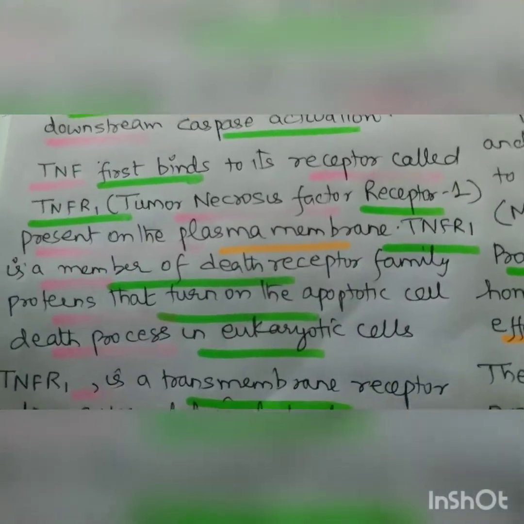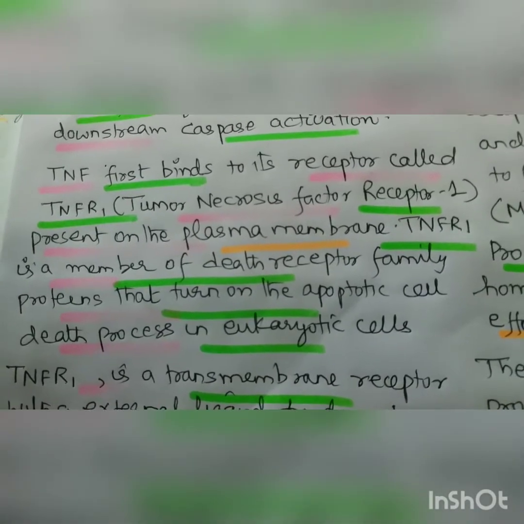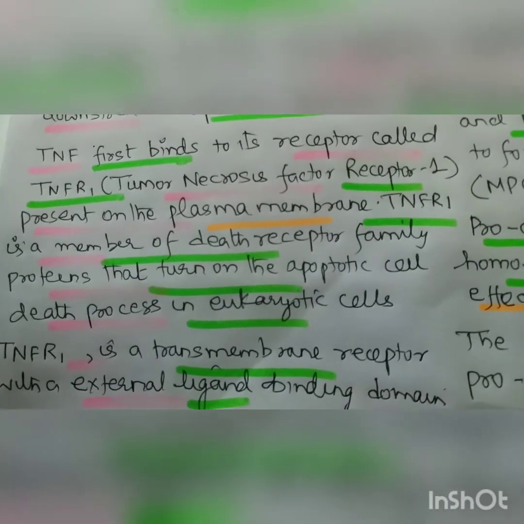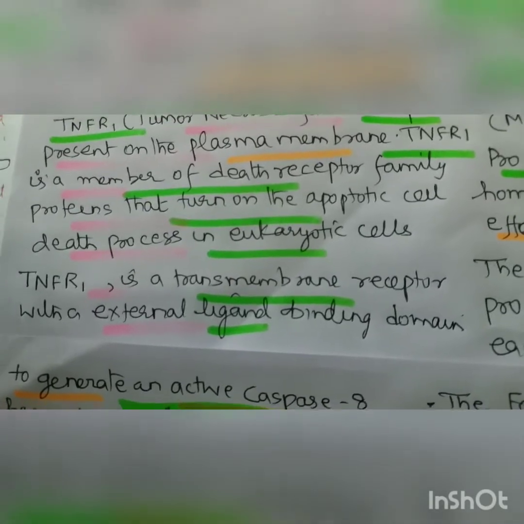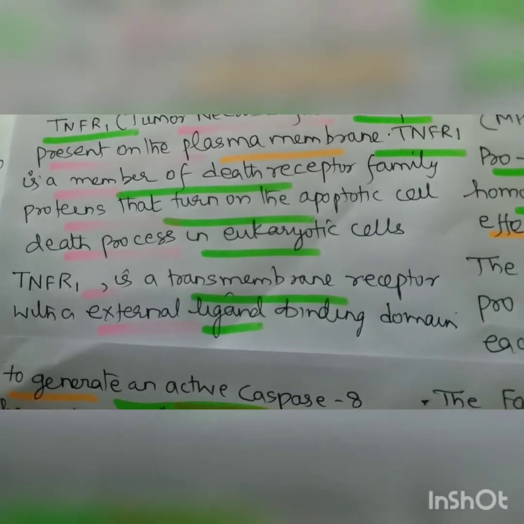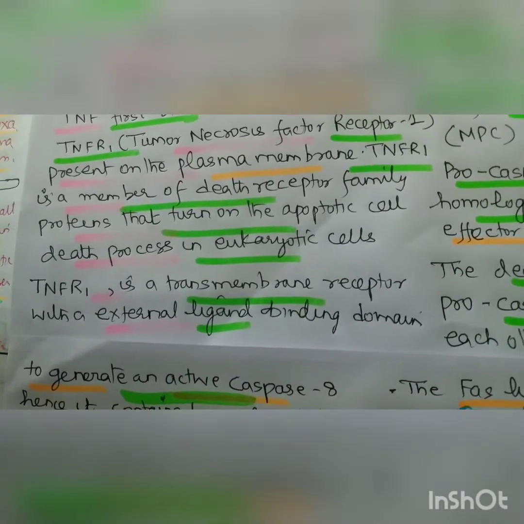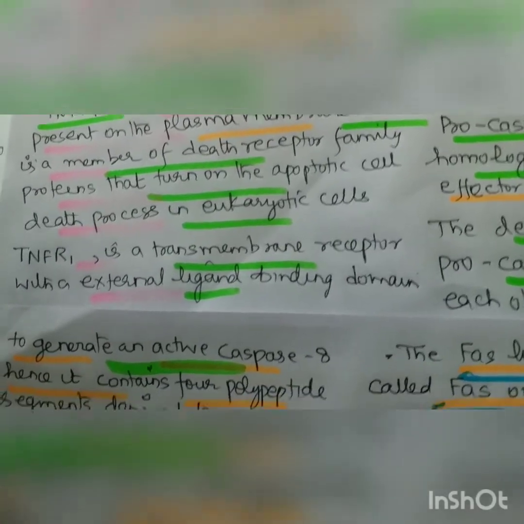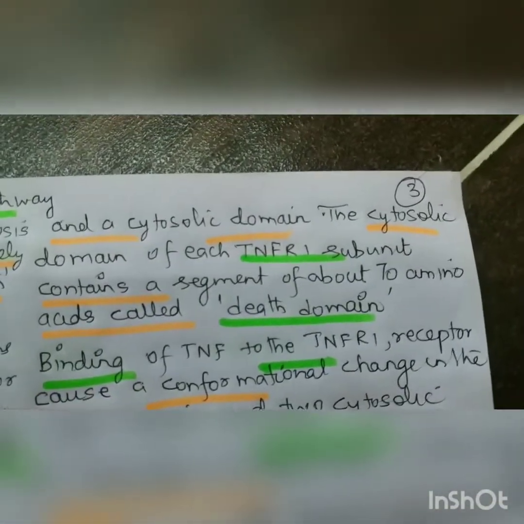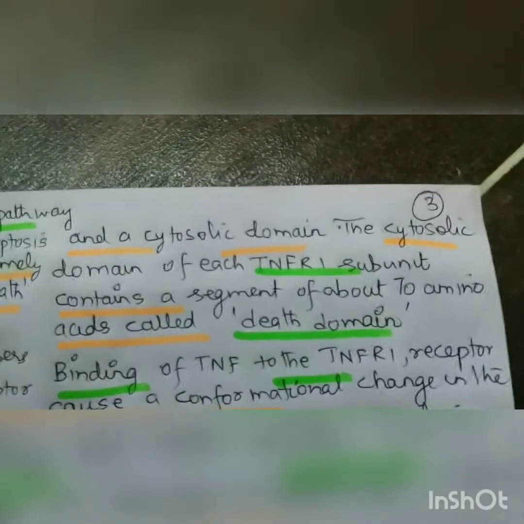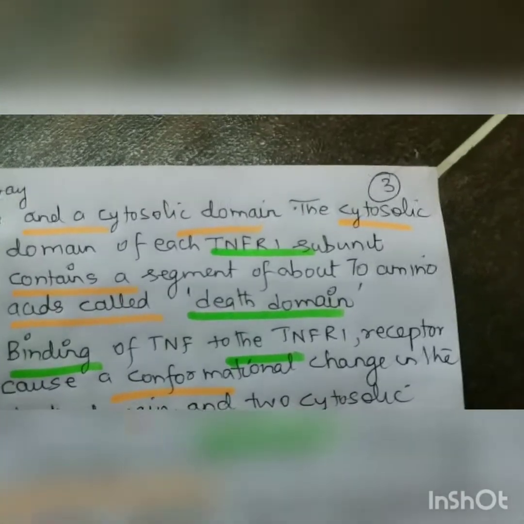TNF first binds to the receptor, as I showed you in the slide, that is TNFR1, tumor necrosis factor receptor 1, present on the plasma membrane. TNFR1 is a member of the death receptor family of proteins that turn on the apoptotic cell death process in eukaryotic cells. TNFR1 is a transmembrane receptor with an external ligand binding domain, which reacts with TNF, and a cytosolic domain, where we have the death domain and there is TRADD and FADD.